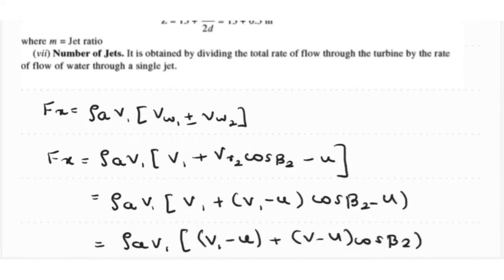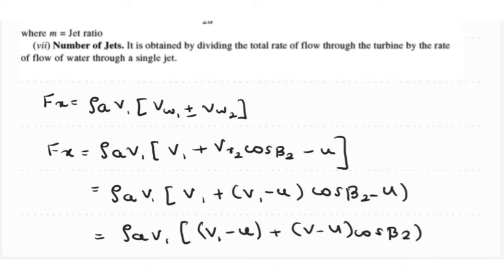Then we can have the formula for Fx is equal to rho into a into V1 into (Vw1 plus or minus Vw2). Sometimes we can use this formula too: rho a V1, in place of Vw1 we will substitute V1, and in place of Vw2 we will substitute Vr2 cos beta 2 minus u.